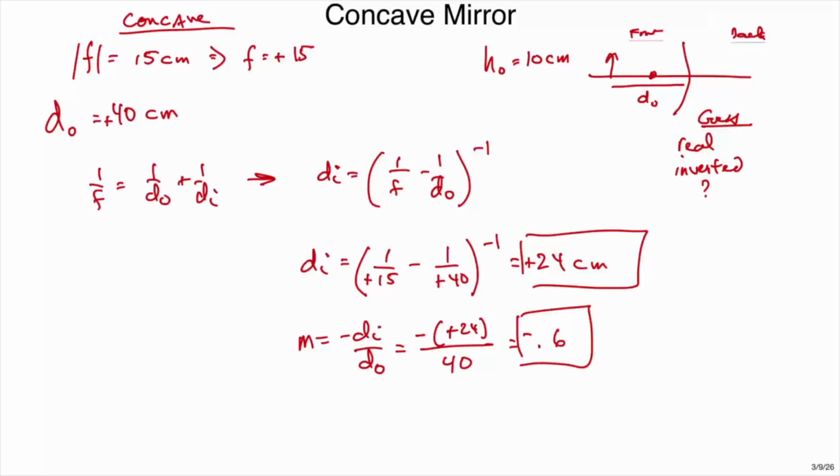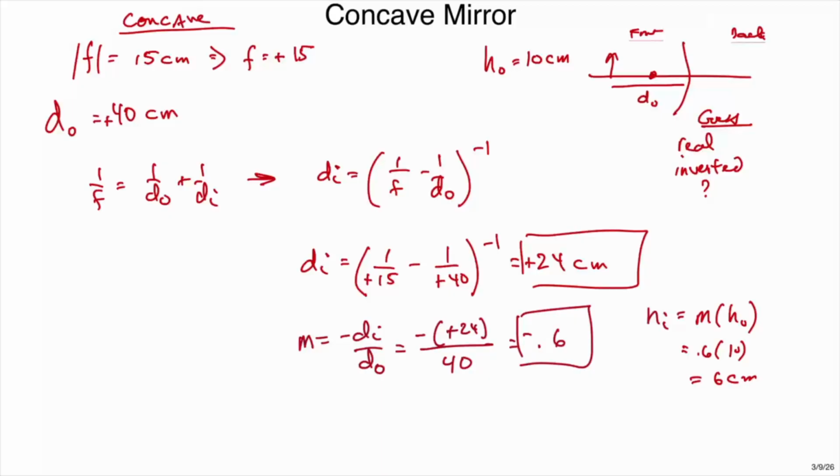Okay, so now I can actually find the height of my image. If the object was 10 centimeters high, what I do is I take the magnification and multiply it by the object height. 0.6 times 10 gives me 6 centimeters, right?